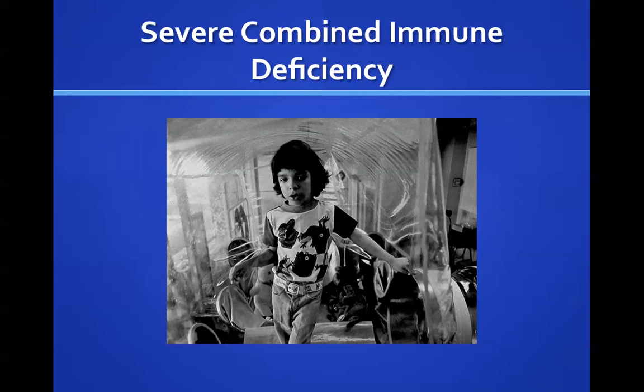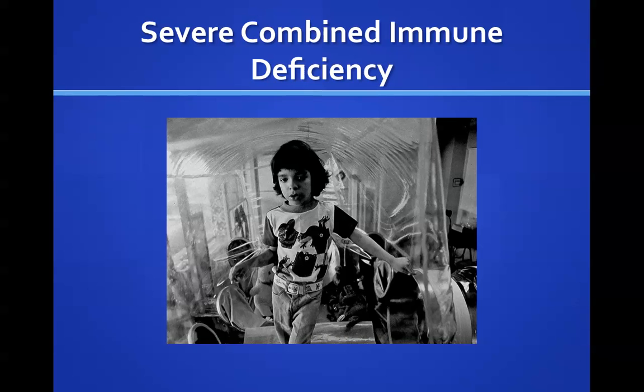You see a guy in a bubble, the bubble boy. I know I'm kind of being offensive, but bubble boy is something that we'll remember him by. Bubble boy here has severe combined immune deficiency.